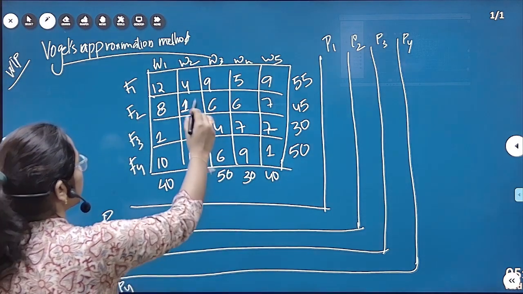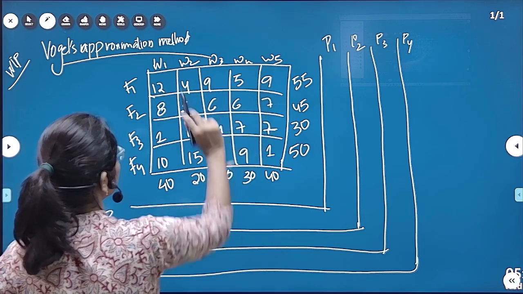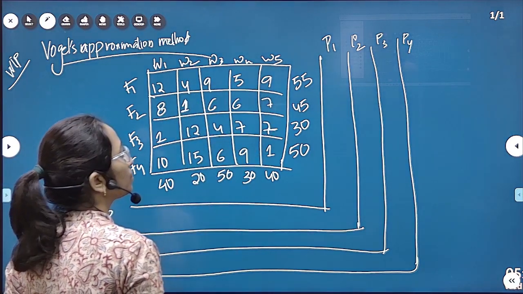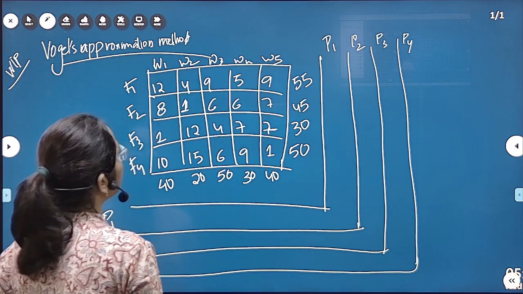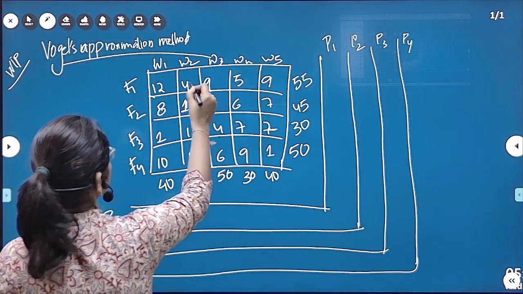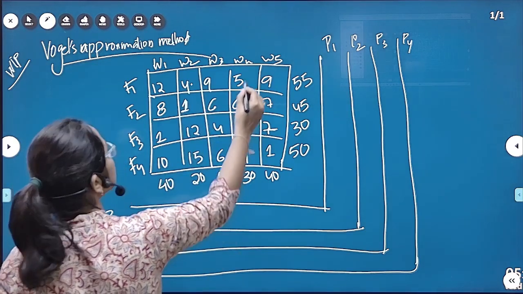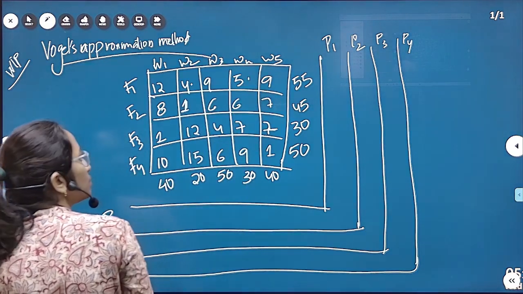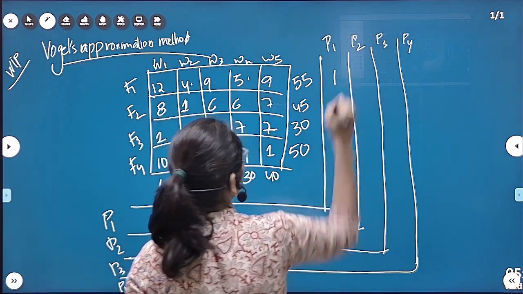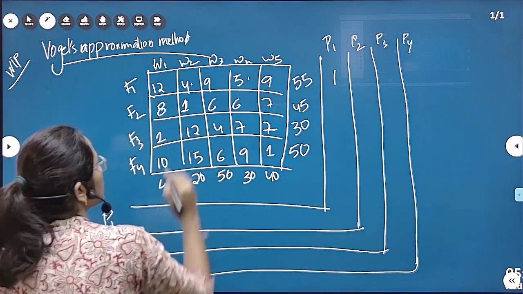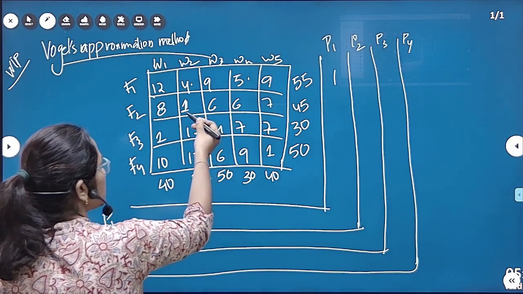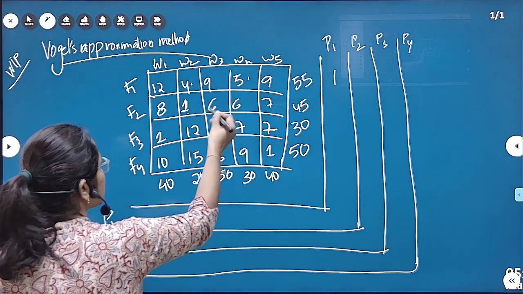Yes, ma'am. So here, tell me in the first row what is the least cost? 4, right? The first least cost is 4 and the next least cost is 5. So 5 minus 4 is 1. In the next row the least cost is 1 and the next least cost is 6.